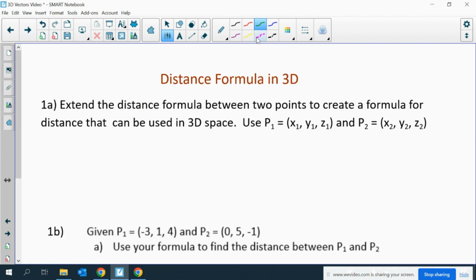So now let's talk about three-dimensional vectors. Extend the distance formula to create a formula for distance that can be used in 3 dimensions.